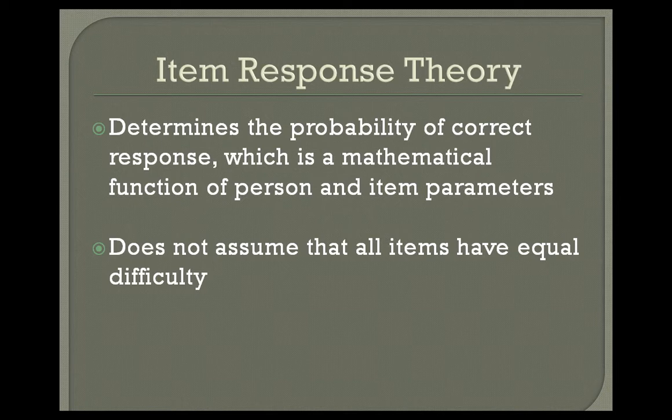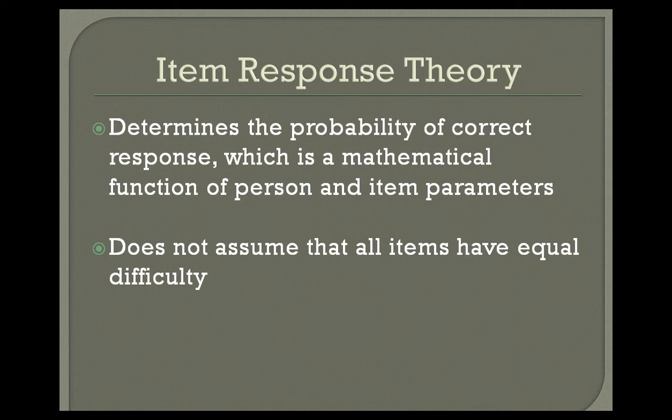There is a newer kind of theory, newer than classical measurement theory, and this is item response theory. And this is a different way of coming at reliability. This determines the probability of a correct response, which is a mathematical function of person and item parameters. And it doesn't assume that all items have equal difficulty, like classical testing theory does.